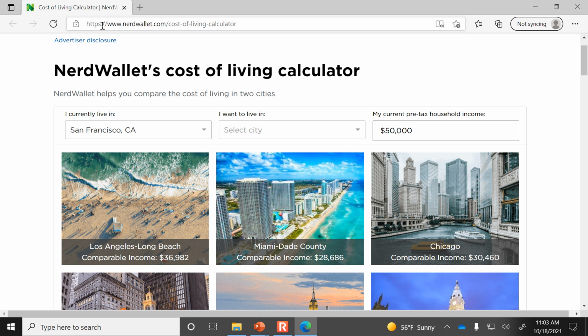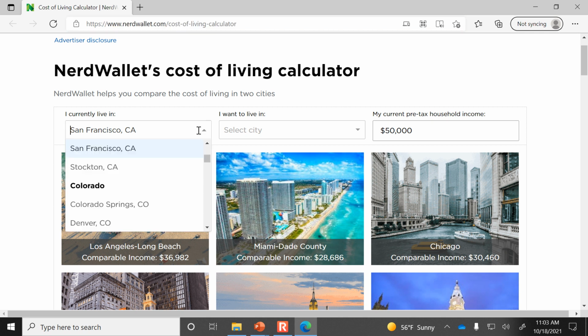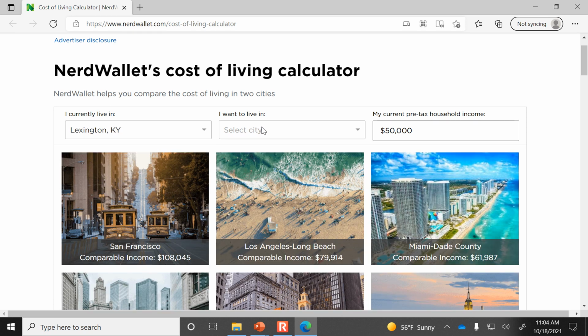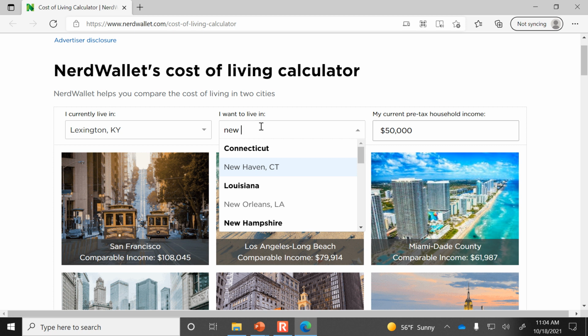So this NerdWallet has a cost of living calculator, and so let's compare the nearest area that I think has some pretty representative cost data. They don't have Charleston, they don't have Huntington, but they do have Lexington, Kentucky. Did I spell it wrong? There it is, Lexington, Kentucky. So let's say you currently live in Lexington and you want to live in New York City.